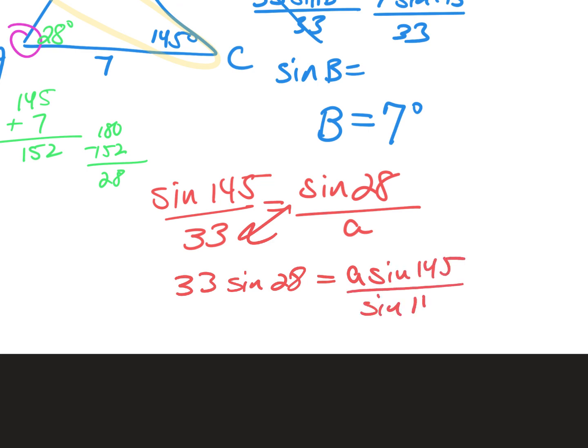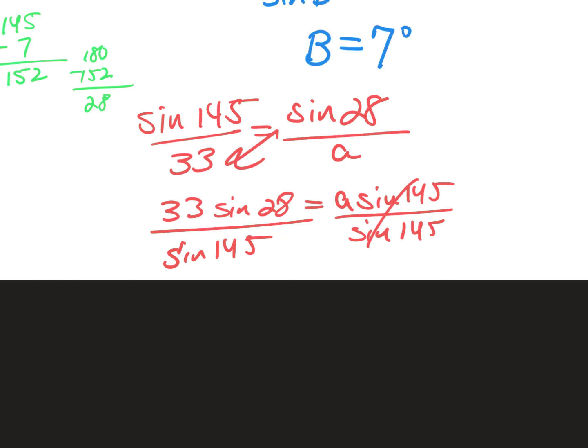Divide both sides by sine 145. So A is about, how long? 33 sine 28 divided by sine 145. About 27.0. Okay, good.